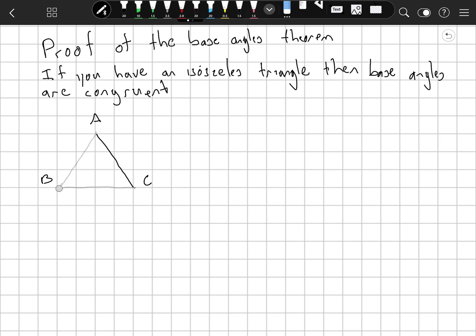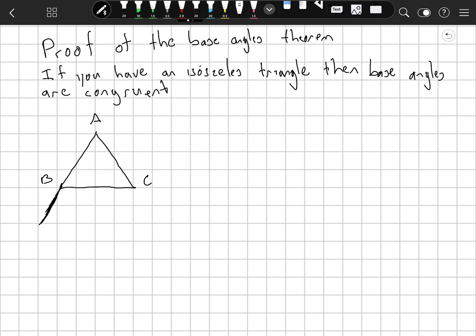So I'm going to go ahead and start. Sorry about that, I just lost a piece of my triangle. I'm going to go ahead and start by extending this segment AB.